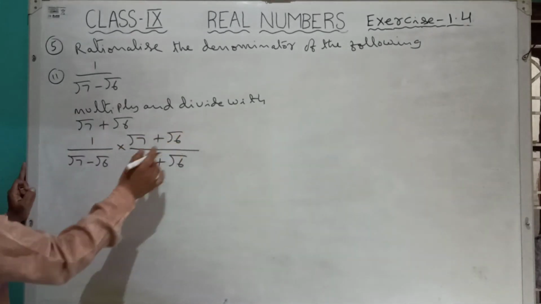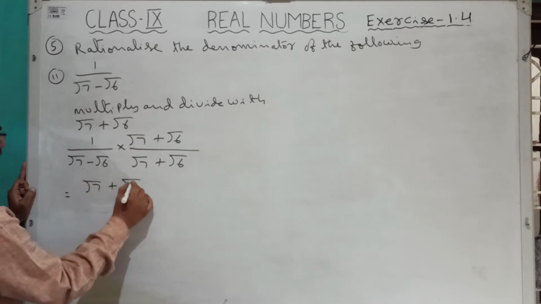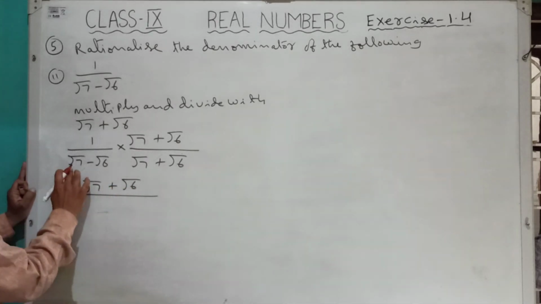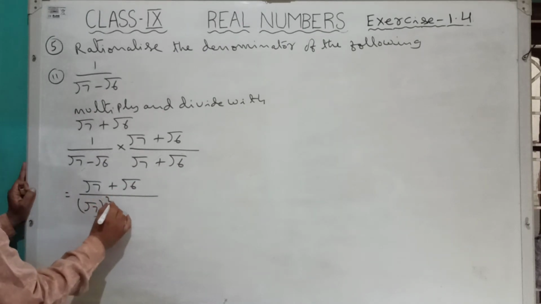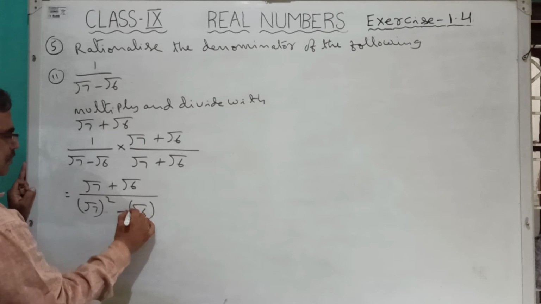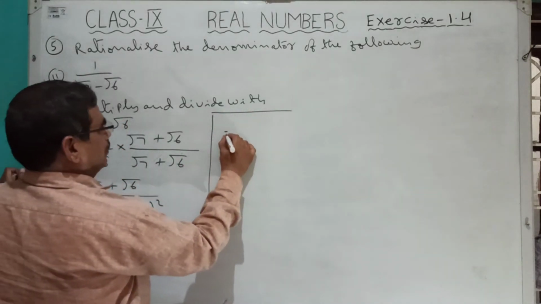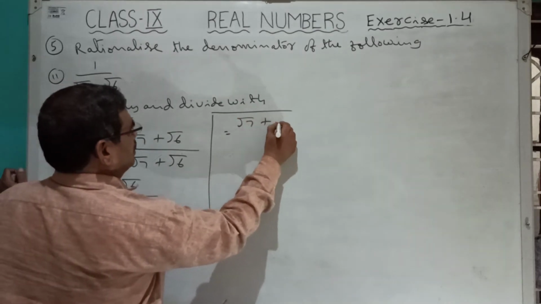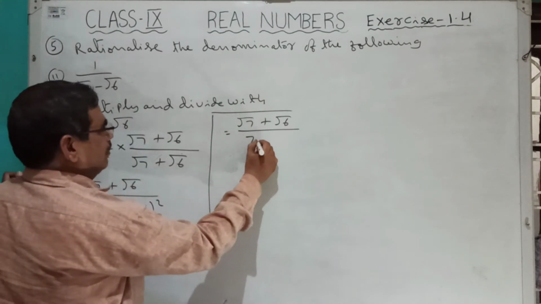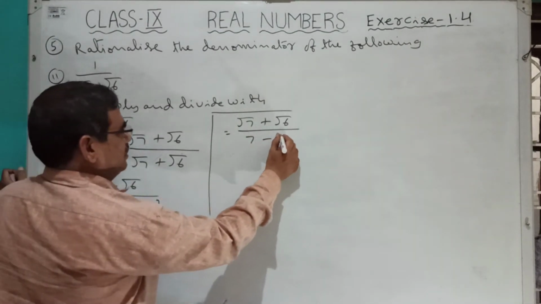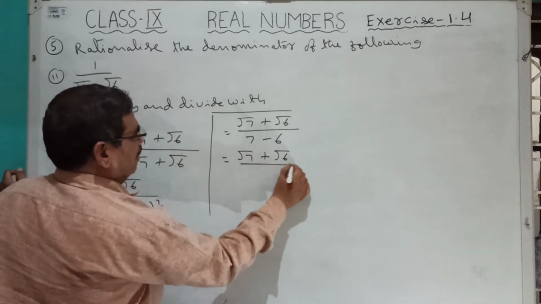Here 1 into root 7 plus root 6 by a minus b into a plus b. Root 7 square minus root 6 square. So that is equal to root 7 plus root 6 by, square root will get cancelled, 7 minus, square root get cancelled, 6. So root 7 plus root 6 by 1.